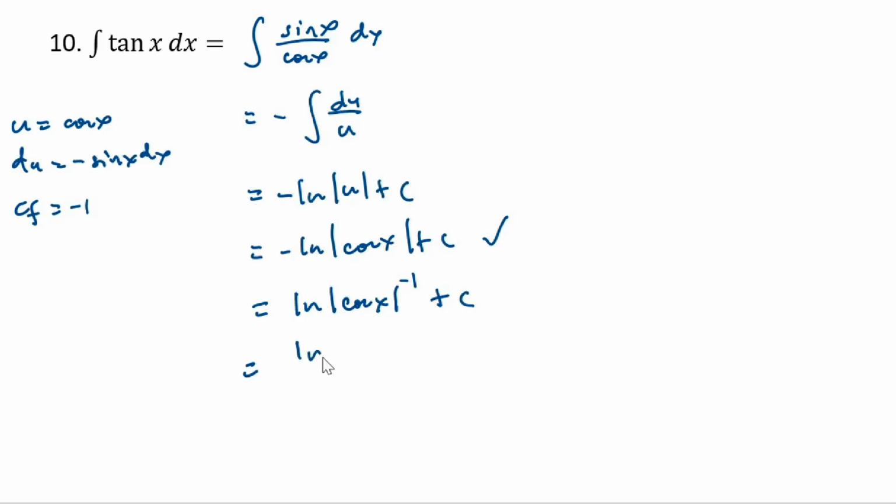And that is now ln of 1 over cosine x plus a constant, and then the meaning of 1 over cosine is now the ln of secant of x plus a constant. So either of the two answers are accepted.